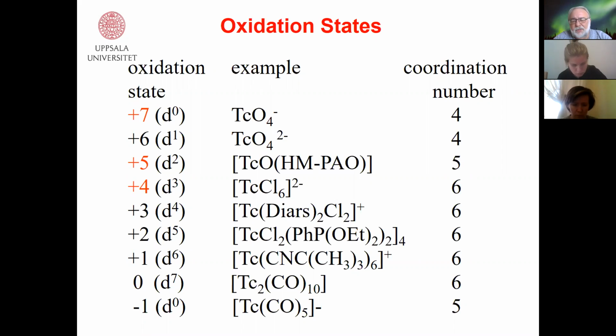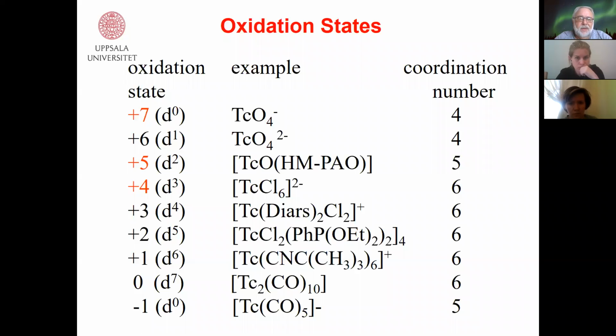So we discussed earlier chemistry of indium, chemistry of lutetium, chemistry of gallium. They all are 3-valent metals in water solution. It's easy to handle them. If you take technetium, it's possible to have 8 different oxidation states.